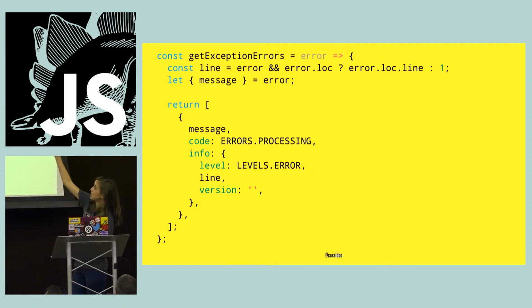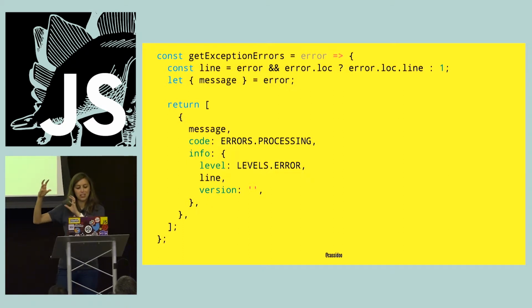And here we just get the line. That line is kind of silly because the line of the error will almost always be 1. But if it is not, it'll be that just because of how Babel transformed it. Anyway, we get the line error, and if the line error doesn't exist for whatever reason, it returns 1.